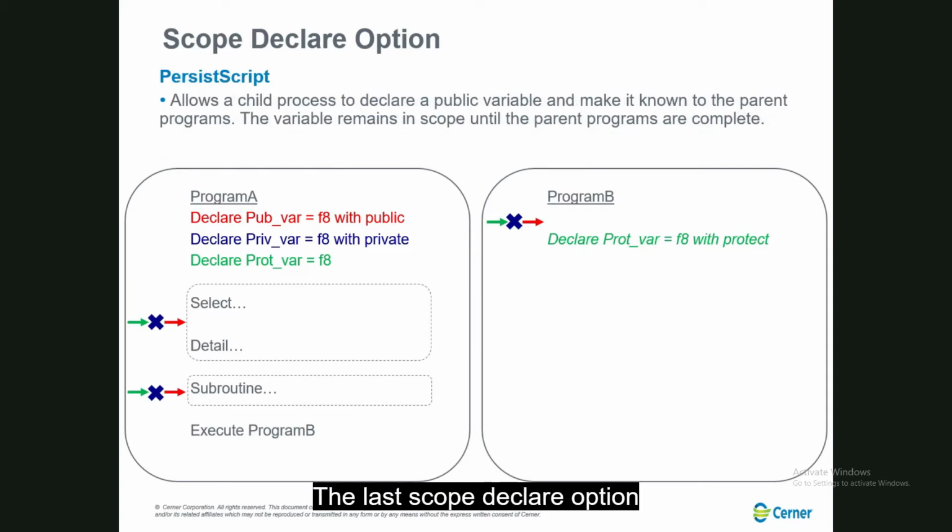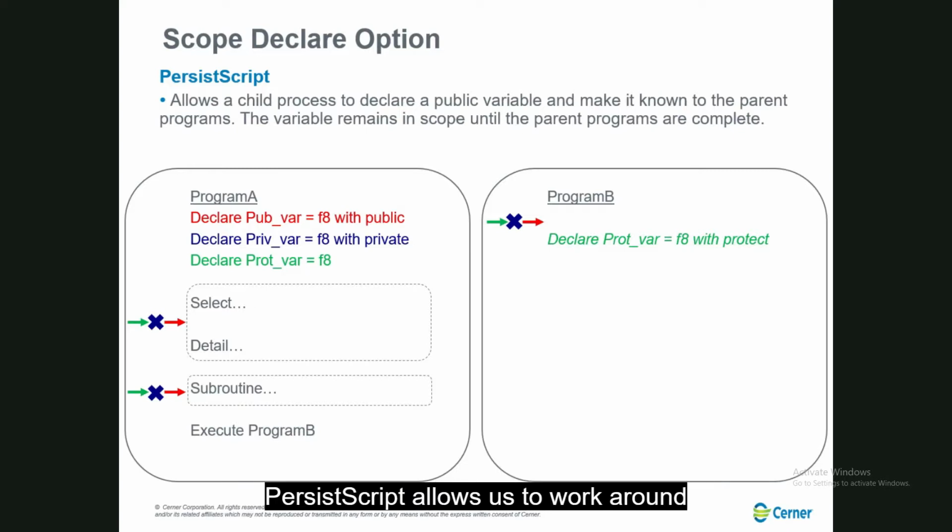The last scope declare option is Persist Script. This scope allows a child process to declare a public variable and make it known to the parent programs. The variable remains in scope until the parent programs are complete. Programming best practices would recommend that variables be defined at the highest level possible.